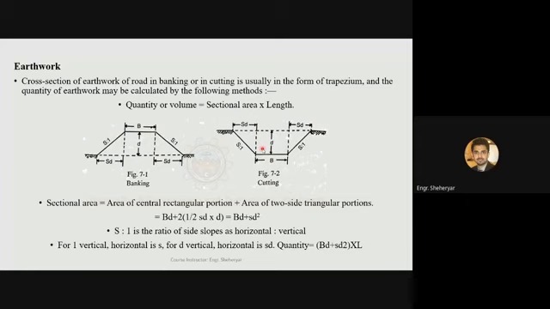So here, the top surface having the width B is the formation level or finished surface level at which the vehicles will travel, and D is the depth of filling.